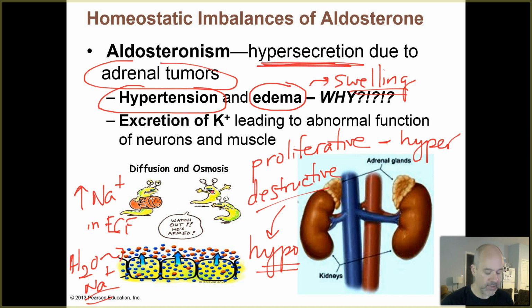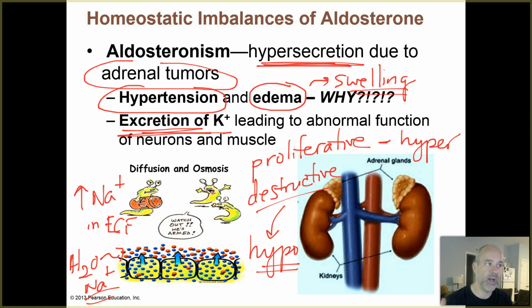A sidebar there is, all right, if you hang on to more sodium in your extracellular fluids, you have to get rid of potassium because you've got to keep the charges in balance. So if you're hanging on to too much sodium, you're going to urinate out too much potassium.